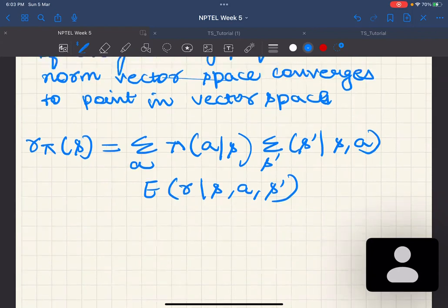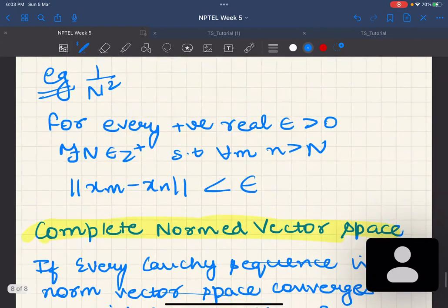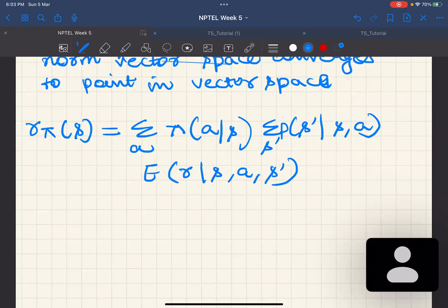Oh, sorry, I have to write P here. And then the expected value of the reward when this previous state S, this A and the next state are given. That means every time I reach the next state, I realize whether my previous state was right or wrong, or whether I need to do something else. So it's like this, isn't it? Yes, it is giving me the expected reward. How? Yes, you are right.